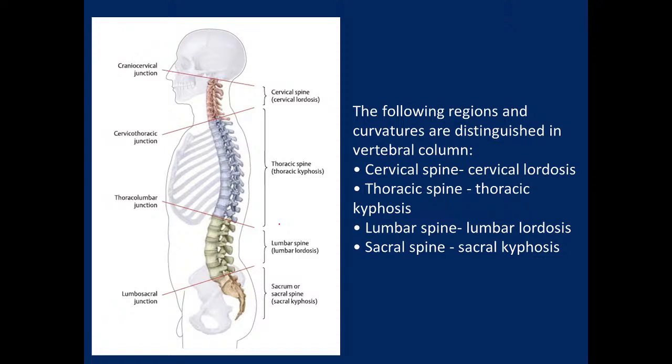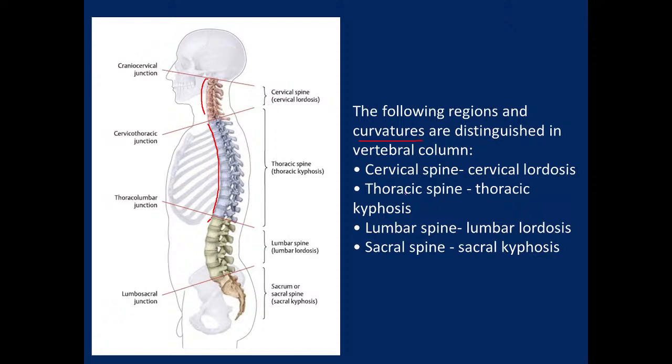Here you see the different curvatures. This is the vertebral column deviation in the sagittal plane. We distinguish lordosis.